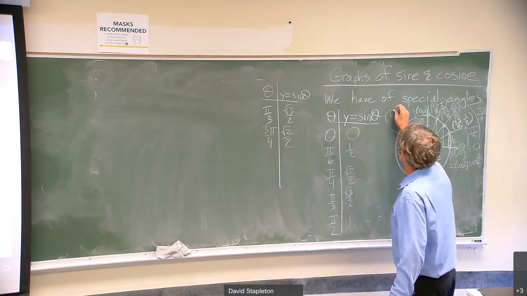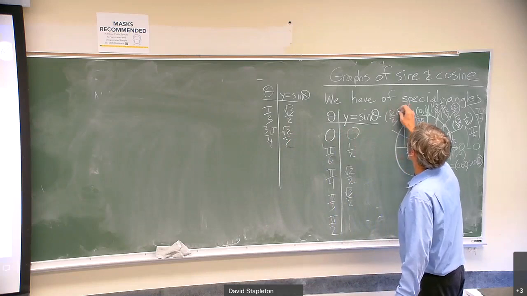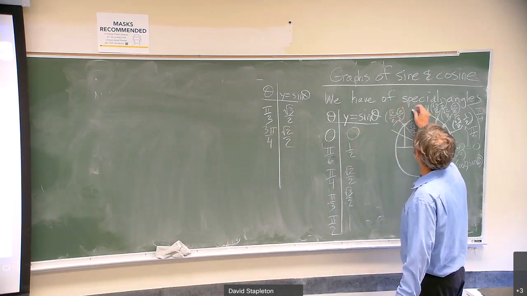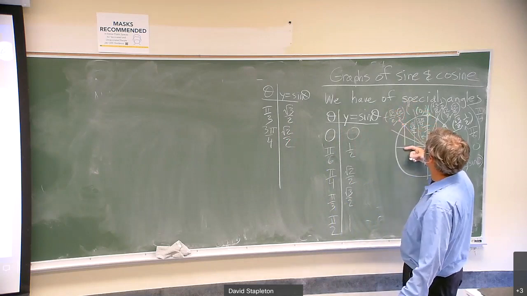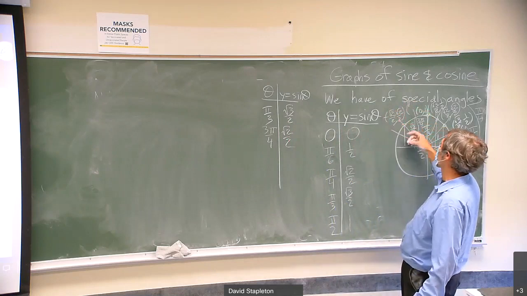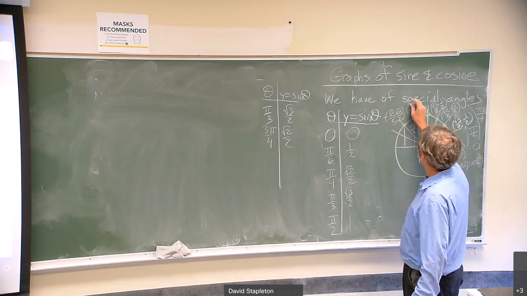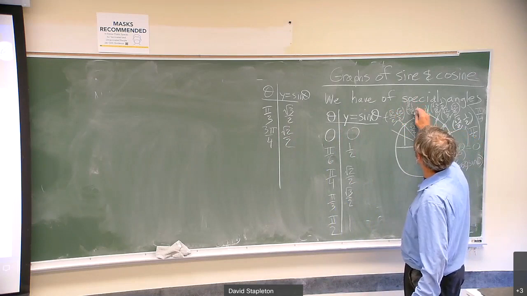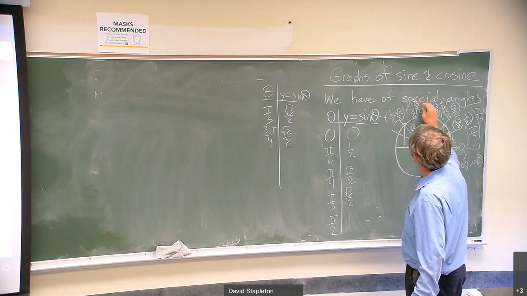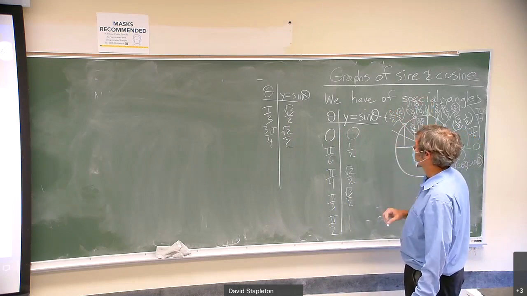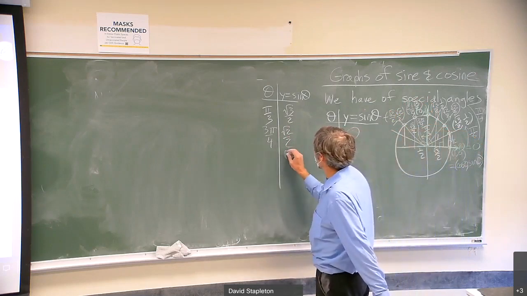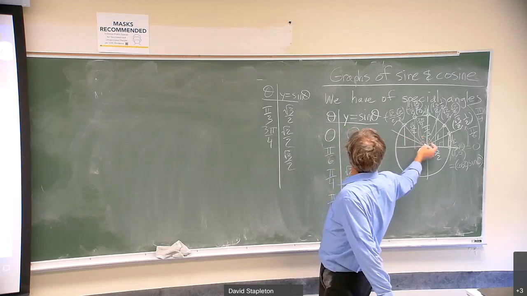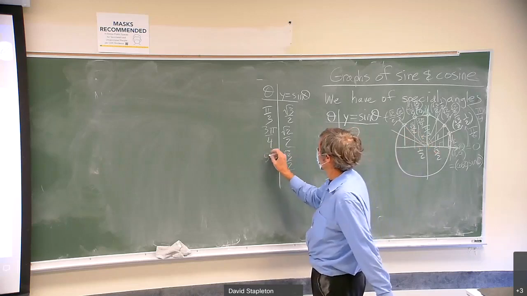This one here is minus square root 2 over 2 because I went left, and then square root 2 over 2. I want the coordinates, not just the side lengths. This one here was a half to the left, so I get minus a half. Square root 3 over 2 up gives me plus square root 3 over 2. Now the y coordinate is square root 3 over 2, but I'm at this angle here, which is 5 pi over 6.